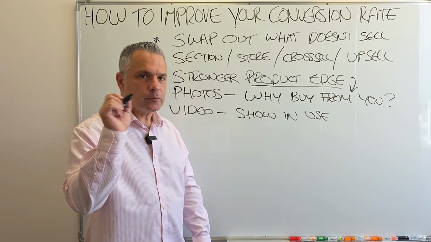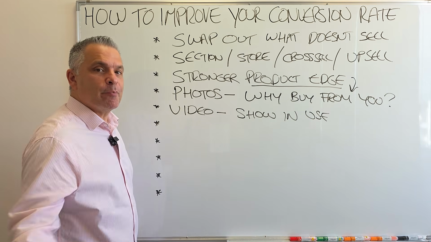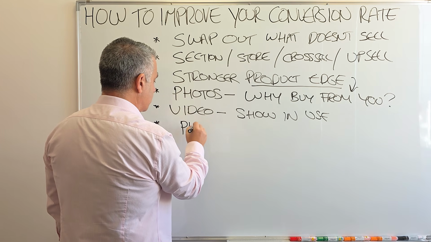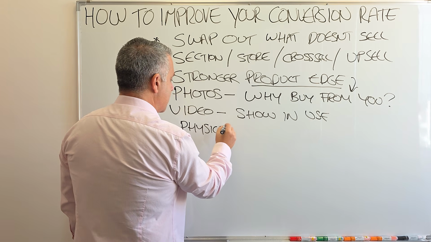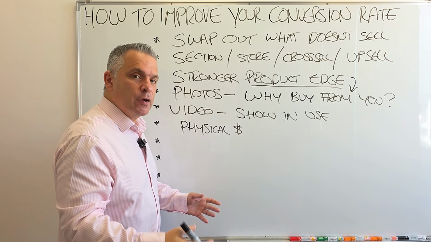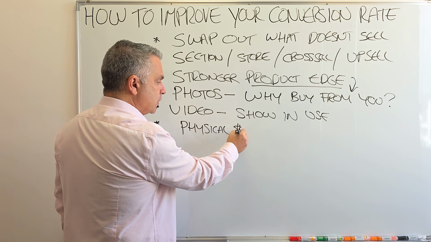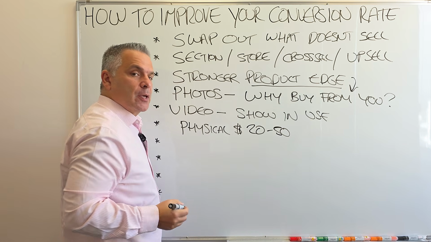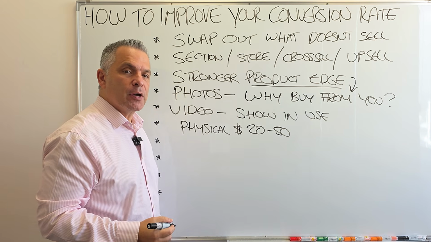Right, next one. You want to sell more? Let's talk about price, right? You want to get that conversion rate up? So, physical products. Okay? Now, again, this won't apply to all of you, but most of you it should. If you sell physical products and you want a decent conversion rate, sell in the $20 to $50 price range.